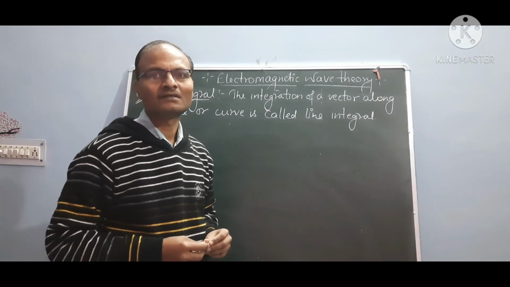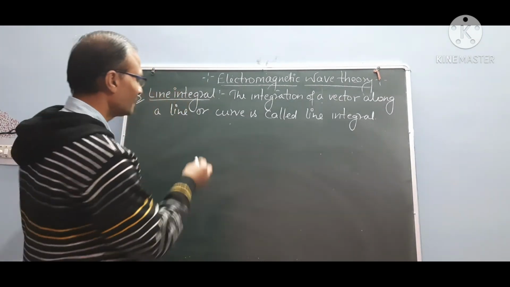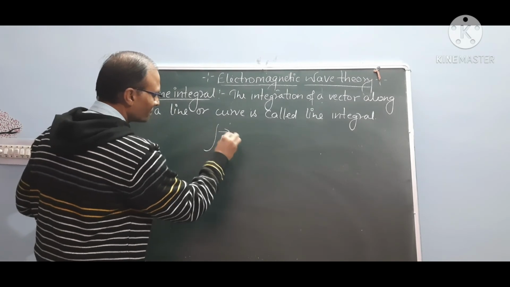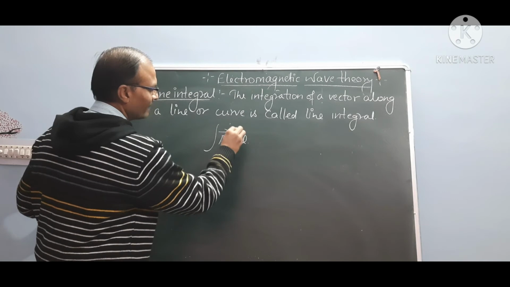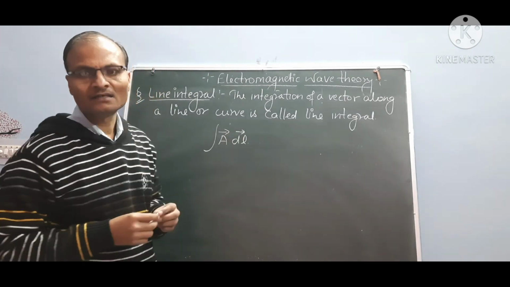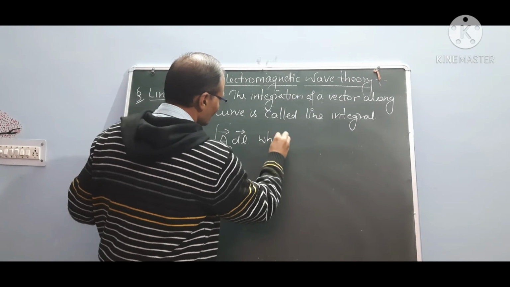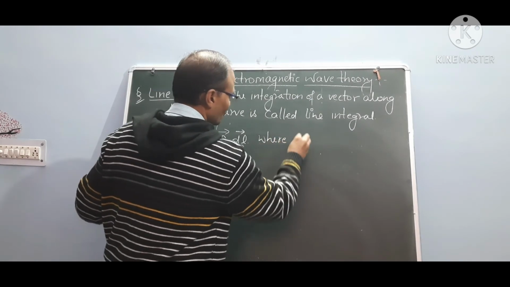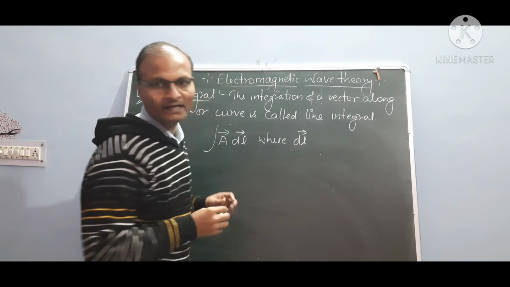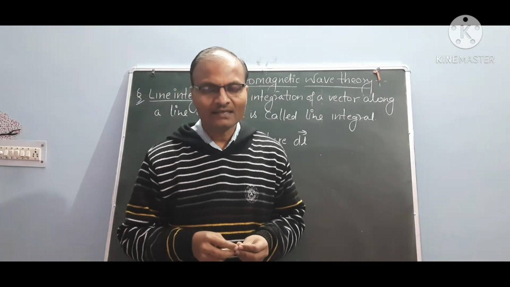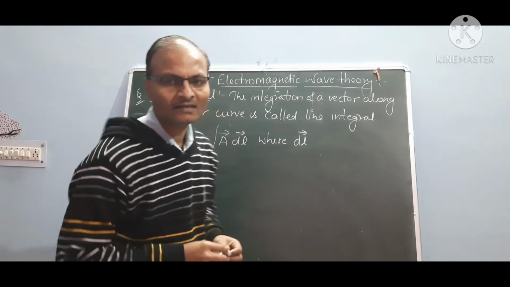If I explain the line integral, it is the integration of vector A dot dl, where dl is an element of length along the vector A.